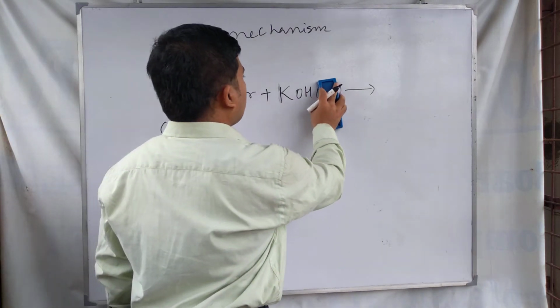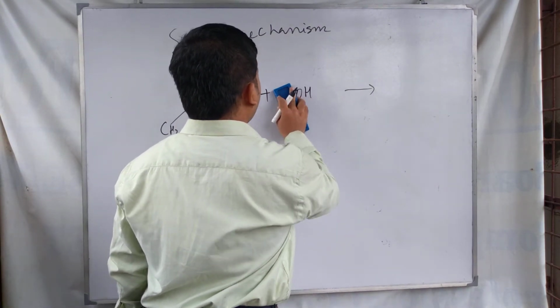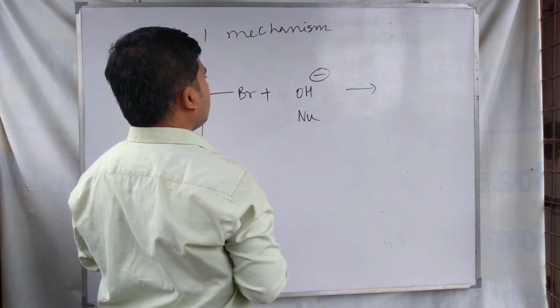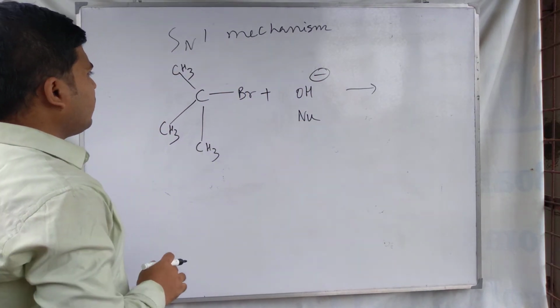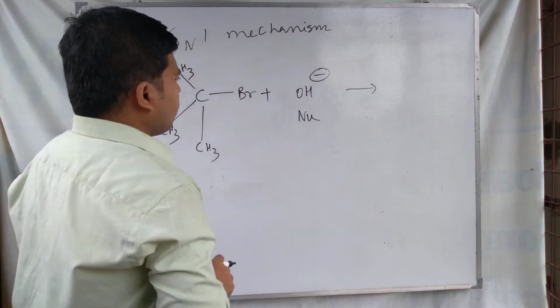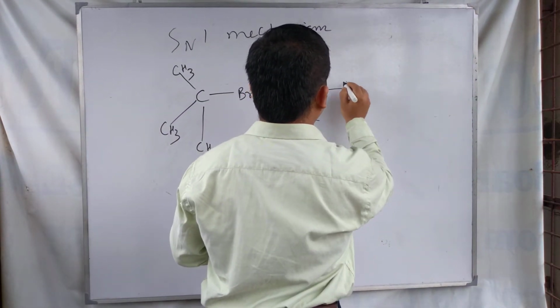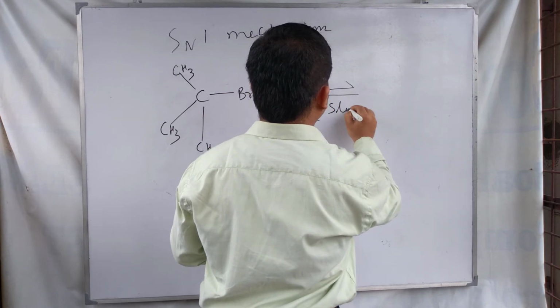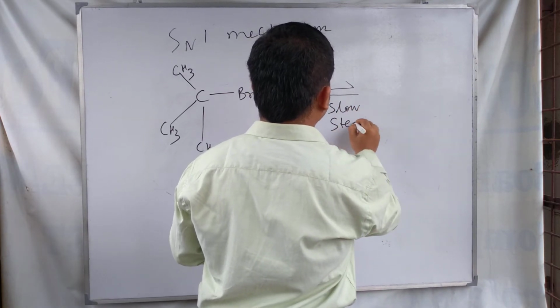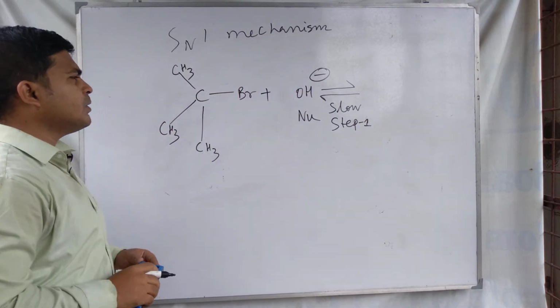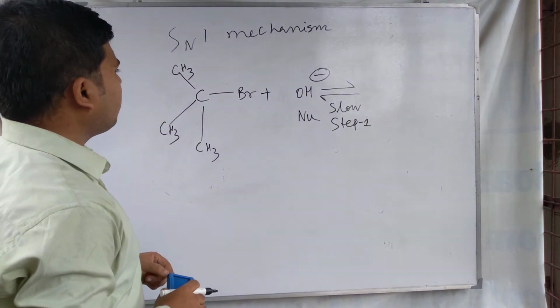From the KOH, the nucleophile OH minus is produced. This is step 1 of this reaction, means SN1 mechanism.